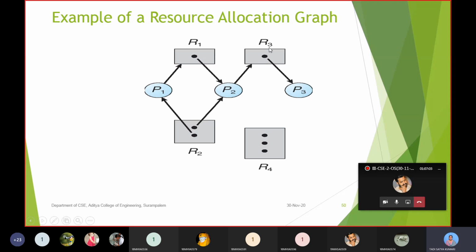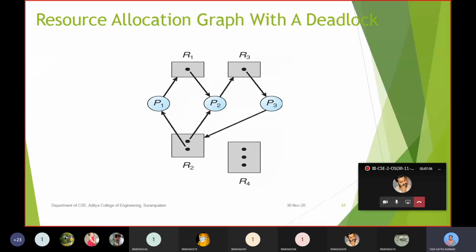Resource R3's one instance is already allocated to process P3, and P2 is requesting the same resource R3, so there is a directed edge from P2 to R3 and from R3 to P3. Resource R4's three instances are neither requested nor allocated to any of the three processes in the graph. So this is an example resource allocation graph.